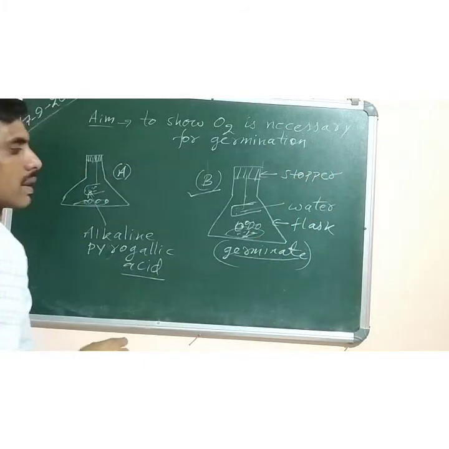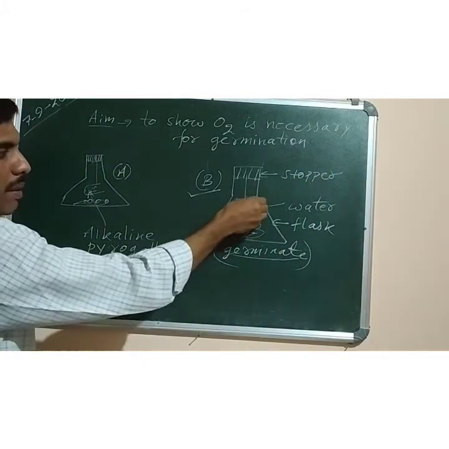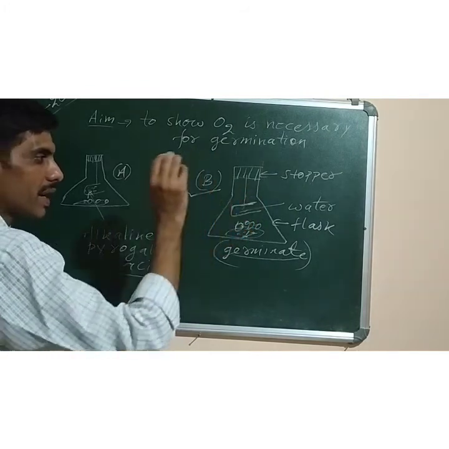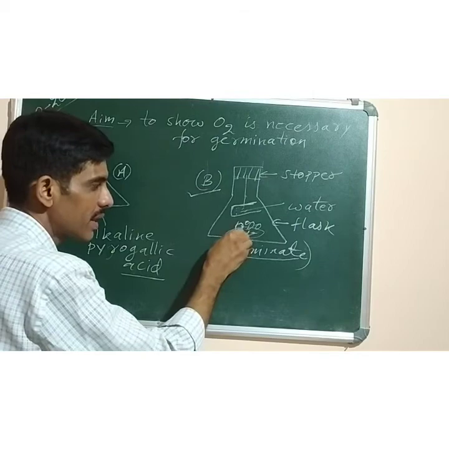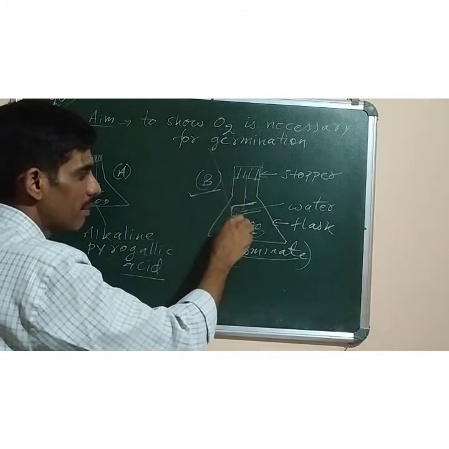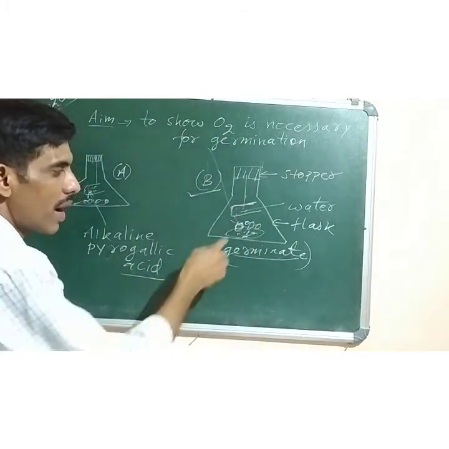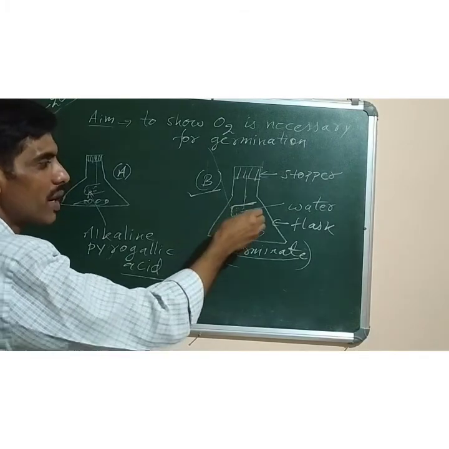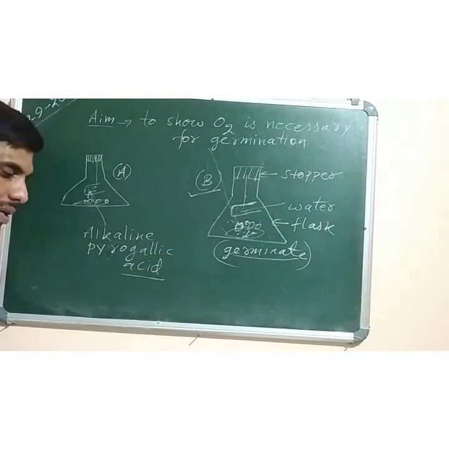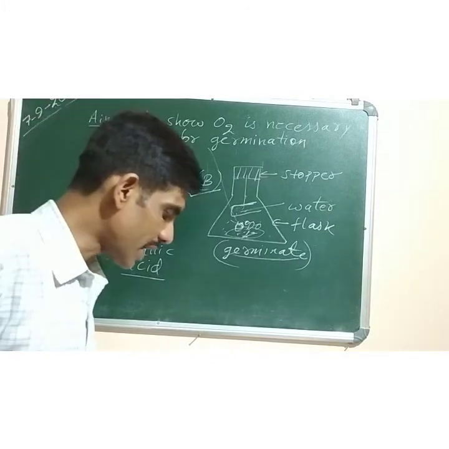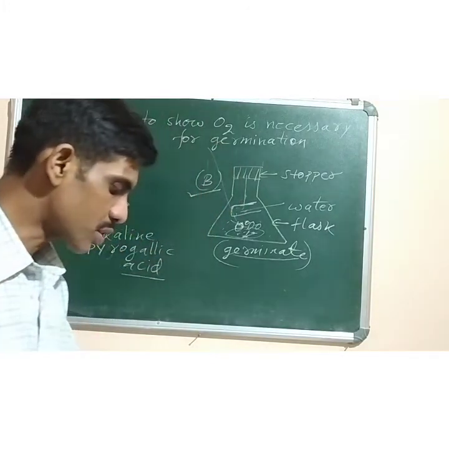Now inside the flask we have suspended a small test tube containing plain water. So for germination, what is needed? We need water, sunlight will be falling on it, and air is already present inside it, because it is trapped inside. So it will show germination.